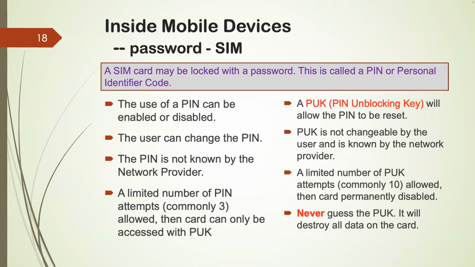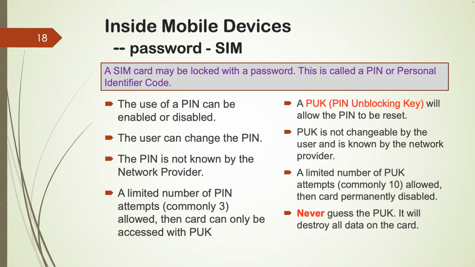If you want to recover that, or unblock your SIM, there is a key for that, and that key is called PUC. PUC is basically the PIN unblocking key. So if you somehow enter the wrong PIN 3 times, your SIM will be blocked, and in order to unlock it, you will need the PUC.